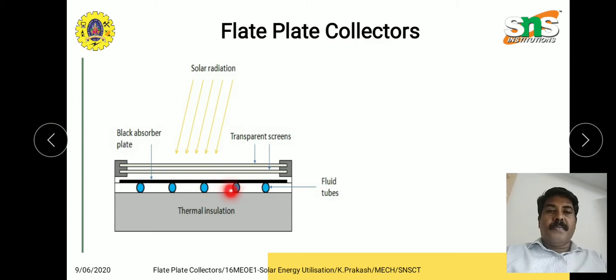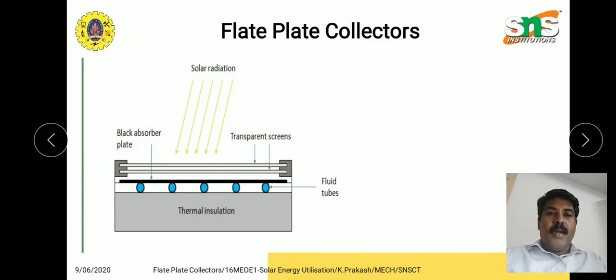On top of the tubes there is a black surface. And there is a transparent cover made of glass. A double-layer transparent glass is available, with a top layer and a bottom layer. So these are the fluid tubes.